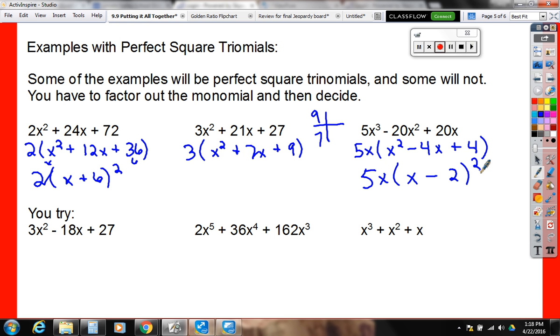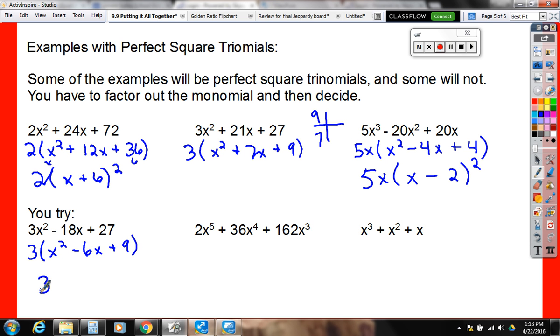Okay, Claudia, do the next one for us. You're gonna divide everything by 3. Okay? So it's 3 parentheses x to the second power minus 6x plus 9. Okay, is that a perfect square trinomial? Okay, what's your other factor?